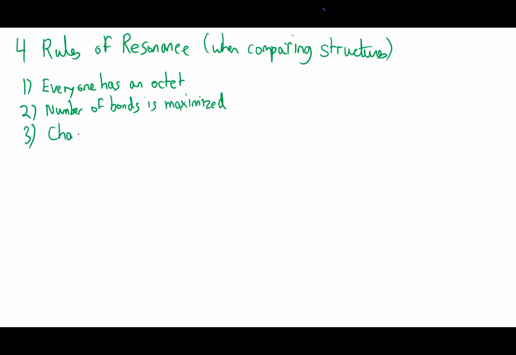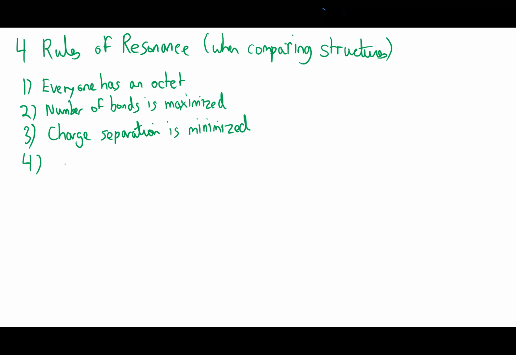Charge separation is minimized. So ideally, you have no charge separation, like all your charges are neutral. If you have charge separation, you have them as close as possible. You have the plus and minus as close as possible.